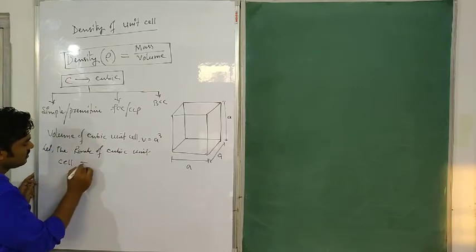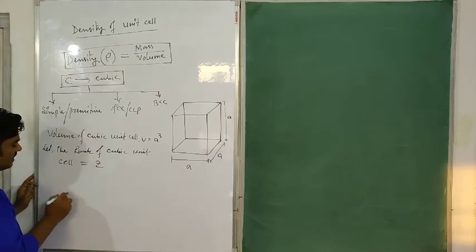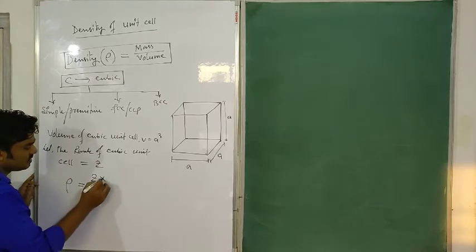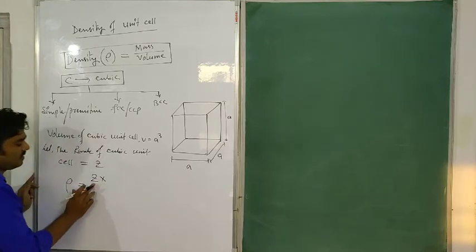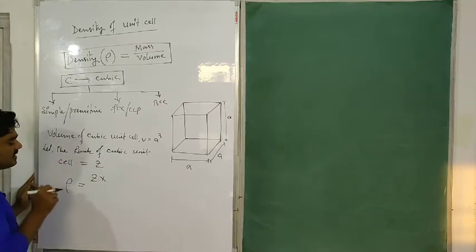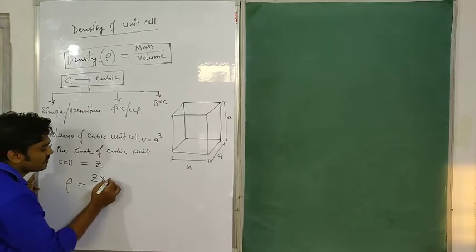is equal to Z. Then what is rho, the density? Density is equal to the effective number of atoms, or rank of the unit cell, into the atomic mass.